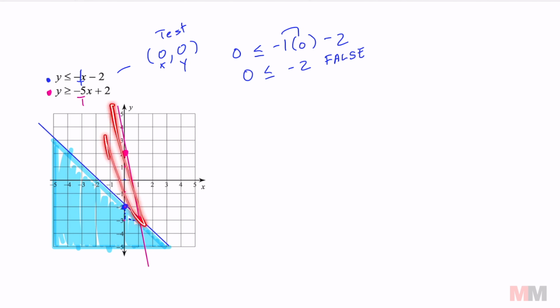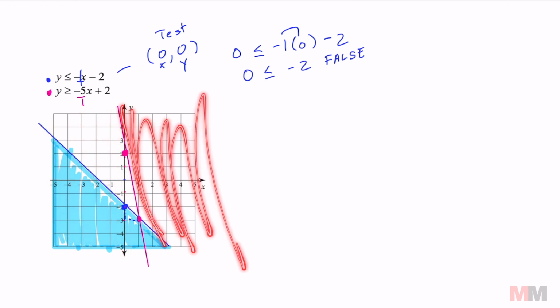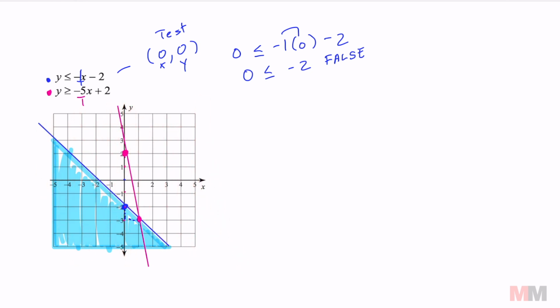So you're either shading to the left of this pink line or to the right of this pink line. And you're going to repeat what you just did. You're going to choose a test point, and you can choose any point, but I keep using 0, 0 because those are really easy to plug into any inequality.